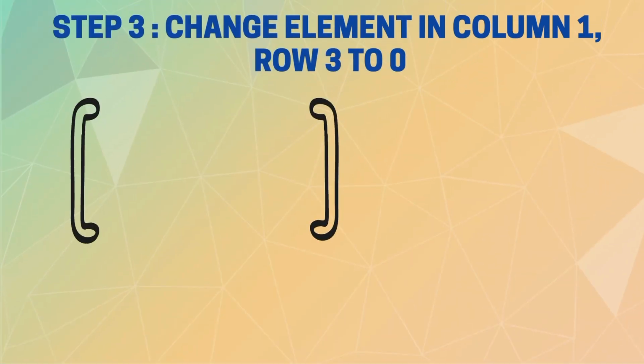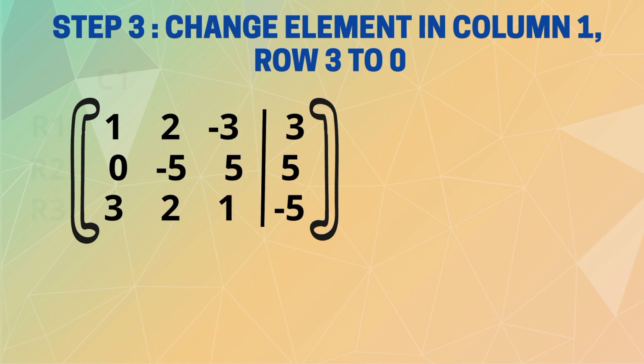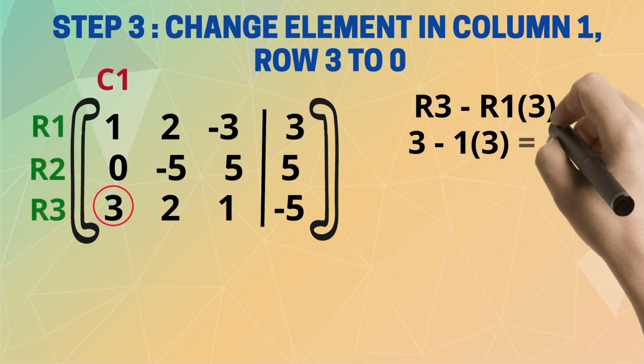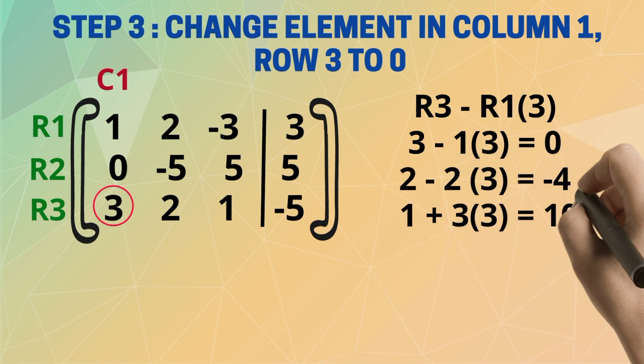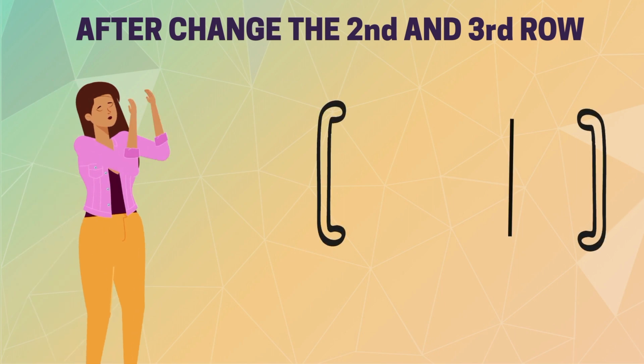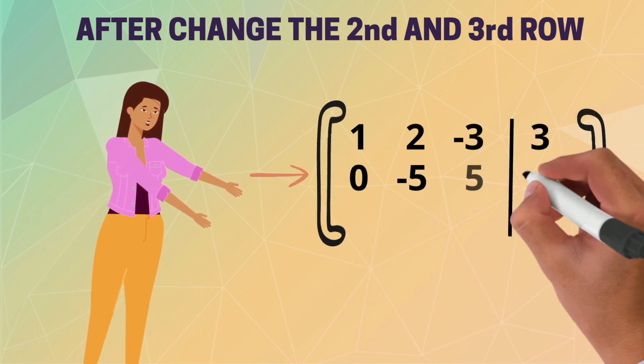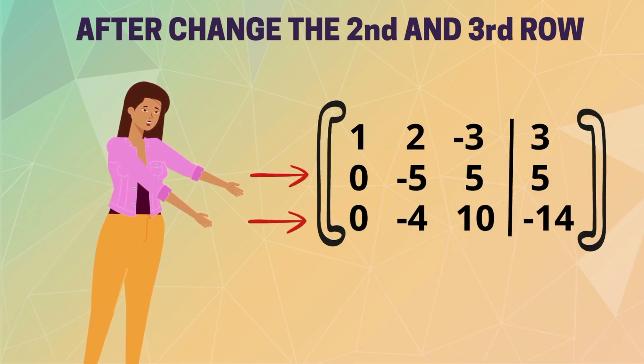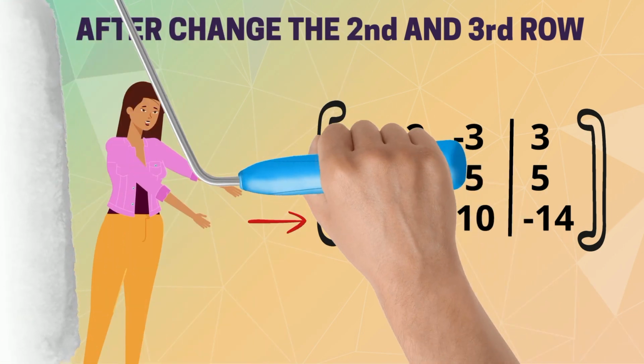The same step is used to change the element in column 1, row 3 to 0. But don't forget that the operation must also consider the elements in other columns in the same row. So, here is the output after changing the second and third row. But it's still not complete yet.